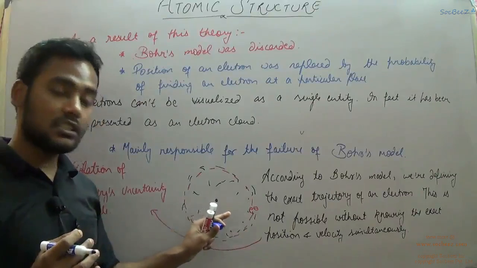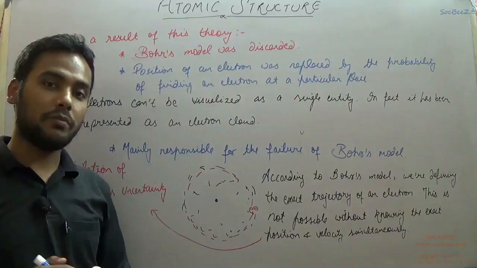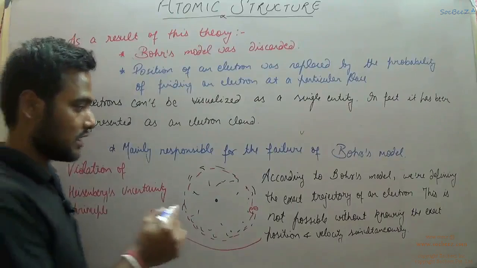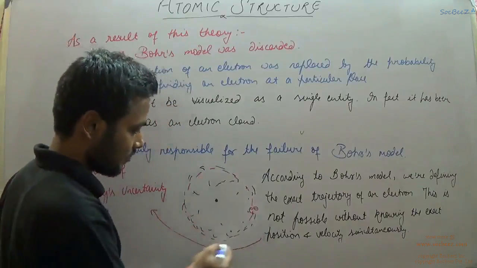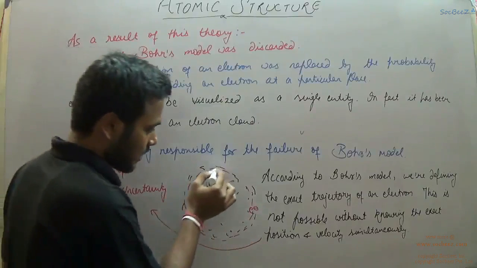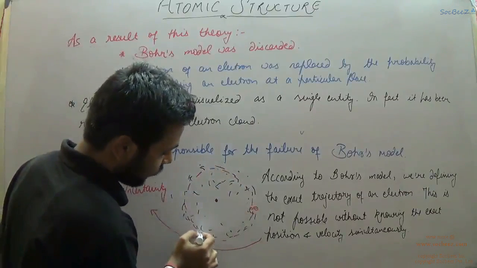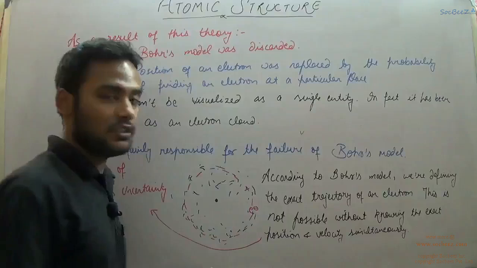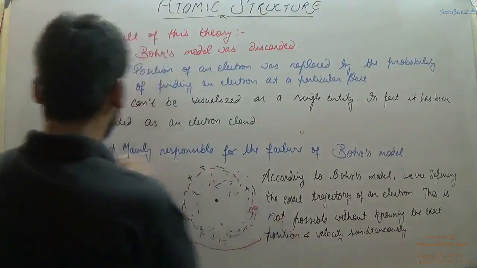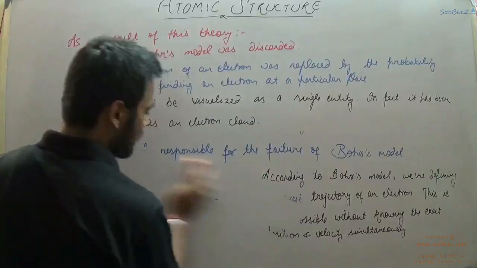But since to know the exact location and exact velocity simultaneously will be the violation of Heisenberg's uncertainty principle, therefore we cannot just say that the trajectory of an electron is this, as I have drawn it in red color. We can just say that the electron can reside in this particular region. But what will be the exact location of an electron? That we do not know.